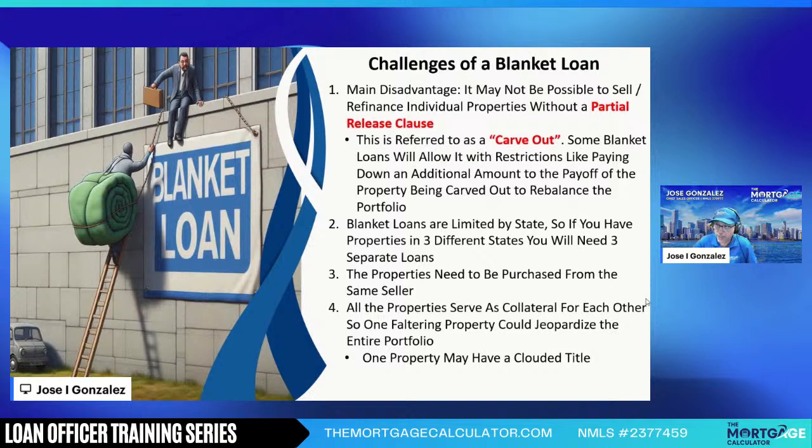You cannot have a portfolio loan where you have 15 properties, 5 from one seller, 5 from another, and 5 from another, because the closing has to occur at the same moment, at the same time. You cannot close them at different times with different sellers, getting different monies. That would be a violation of RESPA.